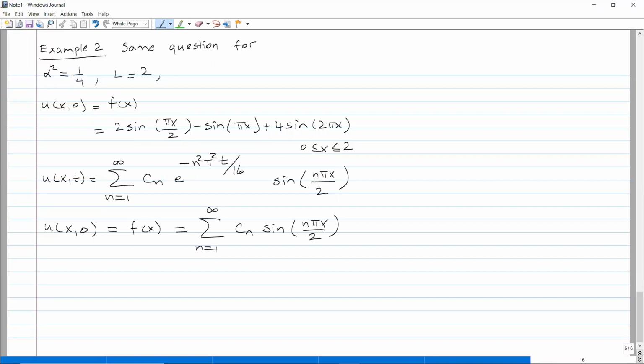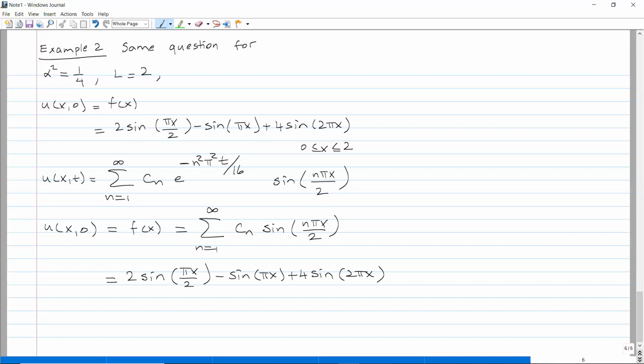The thing is, here the function f itself is given in terms of sine functions. So all we need to do is compare the coefficients. The function f of x is 2 sine pi x over 2 minus sine pi x plus 4 sine 2 pi x.